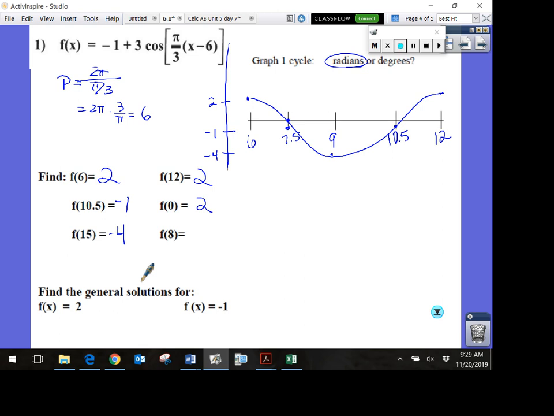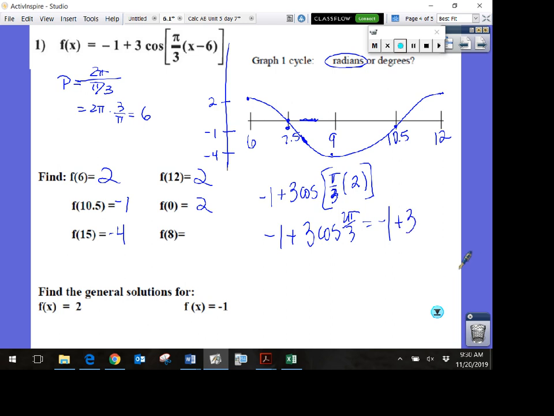Now 8 is a little bit trickier because we don't know. Here's 8 somewhere in here, right? And so it's somewhere down here. So this would be one we have to plug in. So -1 plus 3 cosine of pi over 3. 8 minus 6 is 2. So -1 plus 3 cosine of 2 pi over 3 on our unit circle.